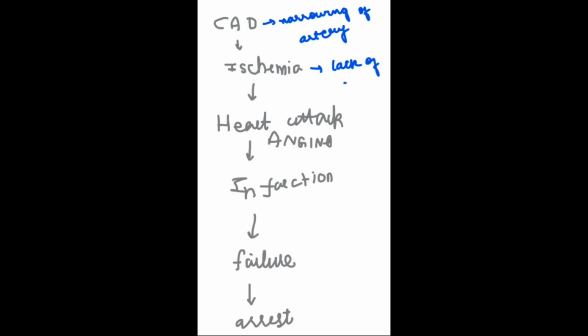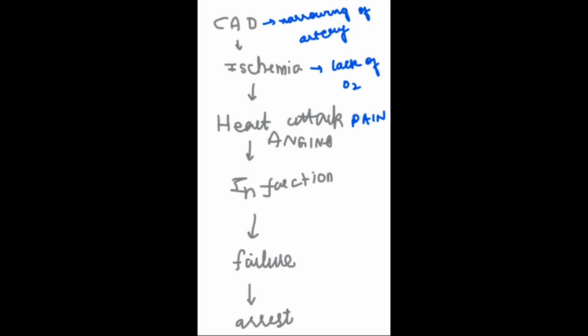Next, this ischemia can lead to heart attack or angina. That is when there is very little oxygen reaching your heart tissue, and there is also inadequate blood supply leading to an acute chest pain. Next, this leads to infarction.